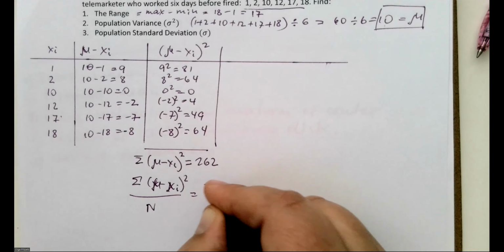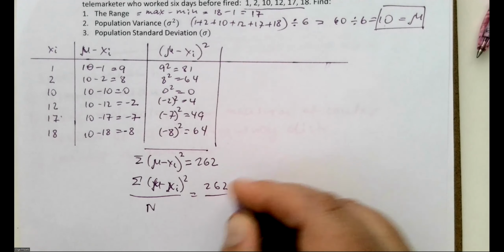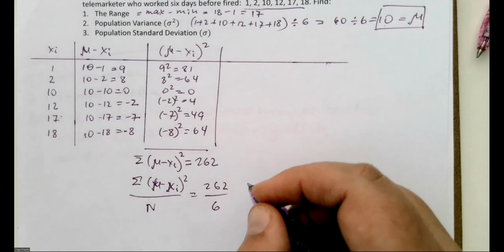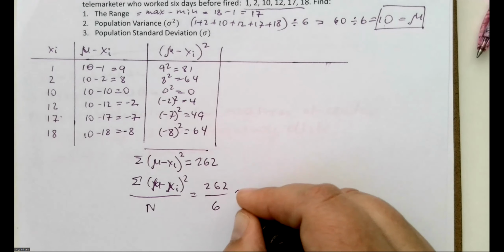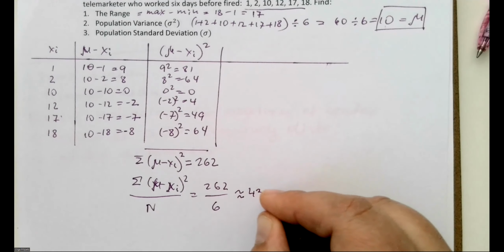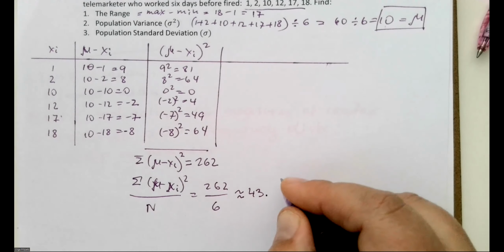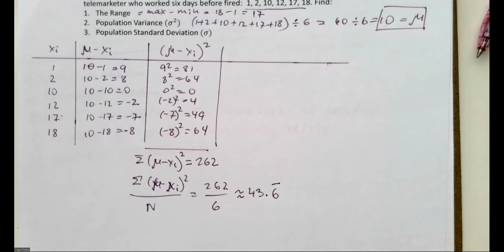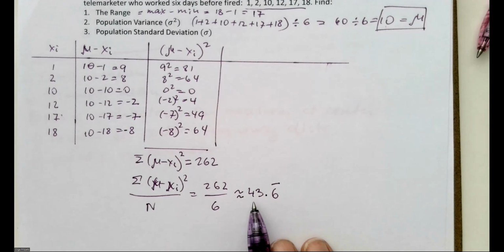So we have 262 divided by 6, which will give us approximately 43.6, with the 6 repeating. You can put it in a calculator to verify.